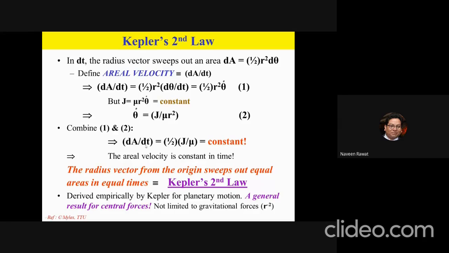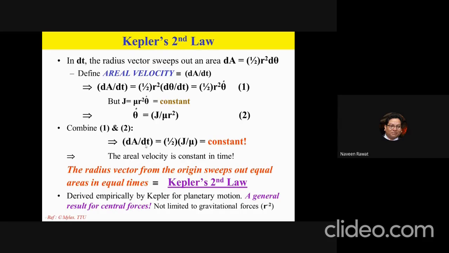So dA by dt, the areal velocity, is also constant. We have just proved Kepler's second law using the Lagrangian formulation of two masses where one is orbiting the other.